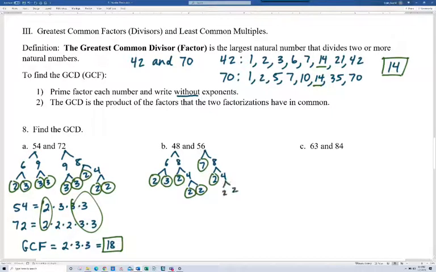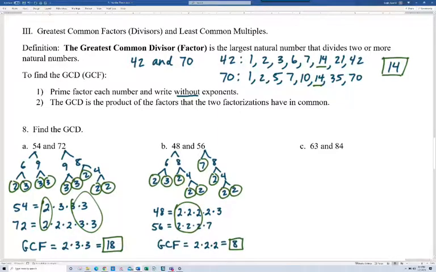And we'll get 2 prime factors of 2 from the 4. So 48 can be written as four 2's multiplied times 3. Again, we're not using an exponent here. And 56 is 2 times 2 times 2 times 7. And so you can see that we have three 2's in common, three factors of 2. And so that's going to be our GCF: 2 times 2 times 2, which is 8.